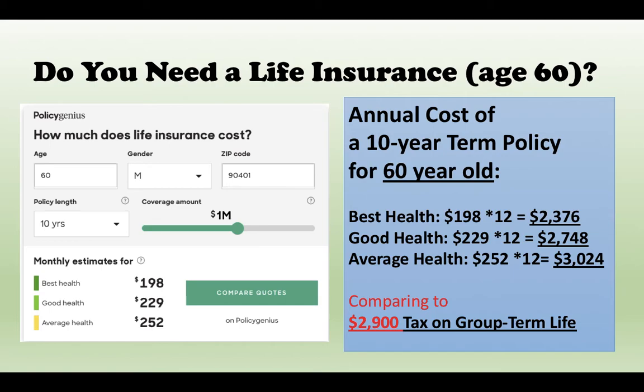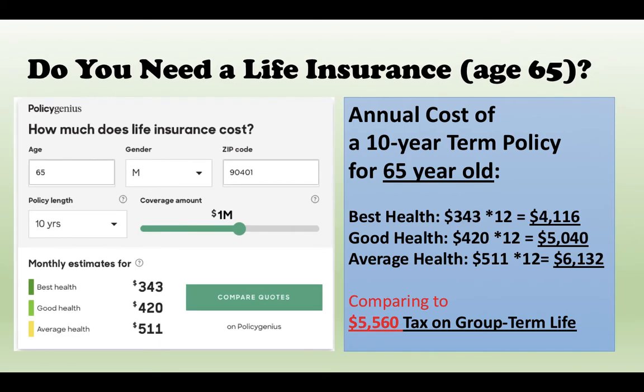But if you are in bad health, maybe you should stay in the group term life insurance, especially if they don't require a medical examination, so you do not have to prove your insurability. Group life insurance is beneficial to the people in the group who have bad health. If you are a healthy person, maybe it's not a good deal for you to stay in the group life insurance.